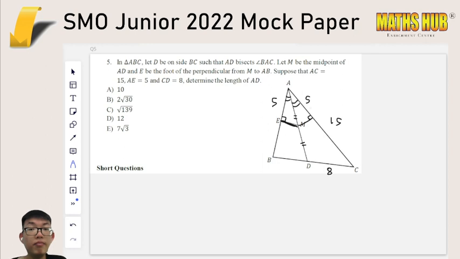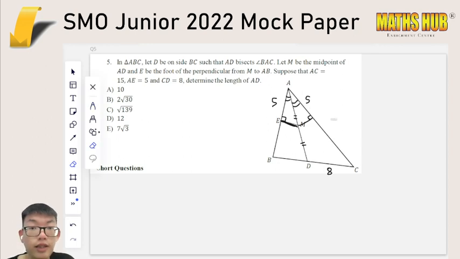Now when we see midpoints, right, we haven't used that yet. Midpoints tend to be something that we associate with either area or the midpoint theorem at the SMO Junior level. And indeed, I'll just erase that 15 for short.